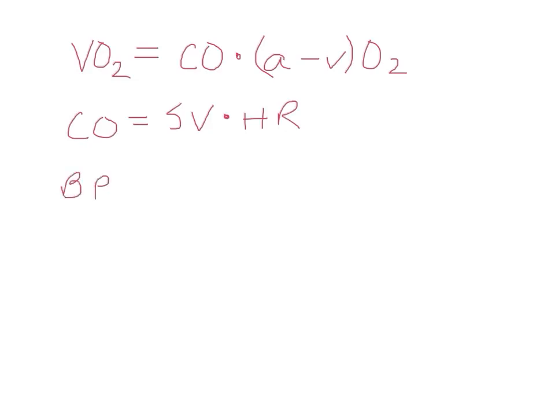Blood pressure equals the cardiac output multiplied by the total peripheral resistance.